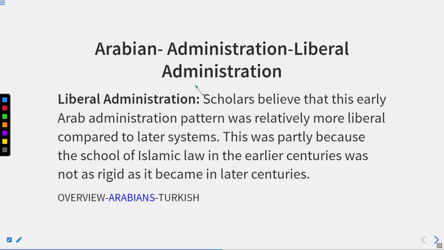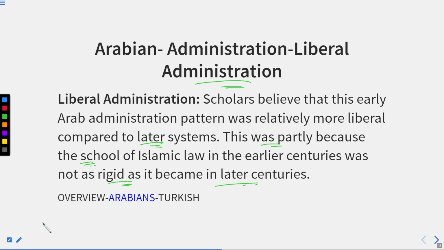Thereafter, liberal administration. Scholars believe that this early Arab administration pattern was relatively more liberal compared to the later systems. This was partly because the schools of Islamic law in the earlier centuries were not as rigid as they became in later centuries.